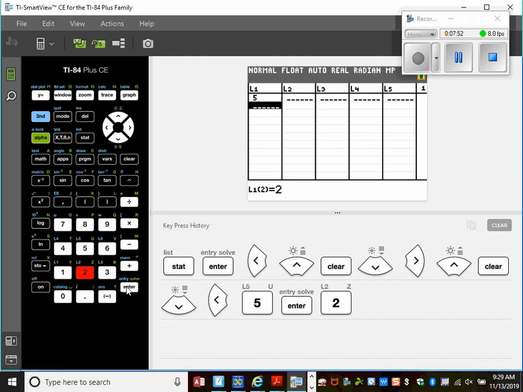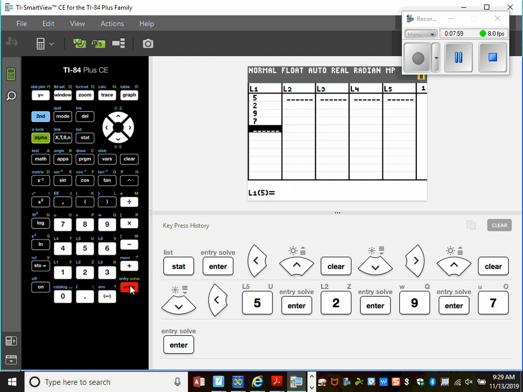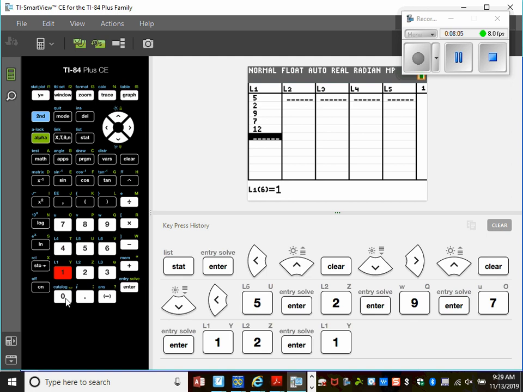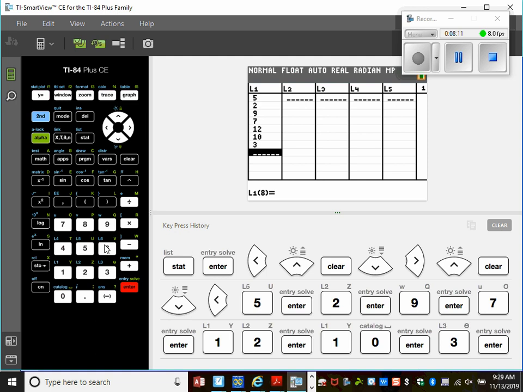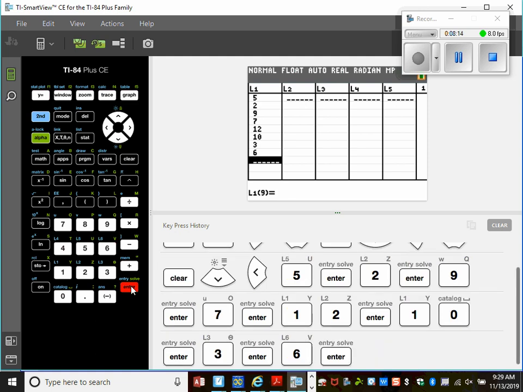So 2, enter. 9, enter. 7, enter. 12, enter. 10, enter. 3, enter. And 6, enter.